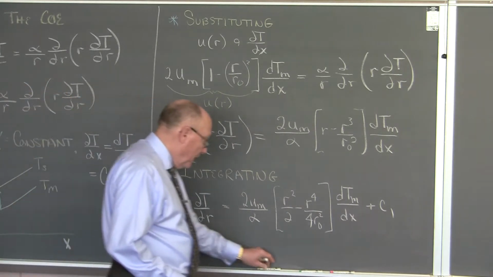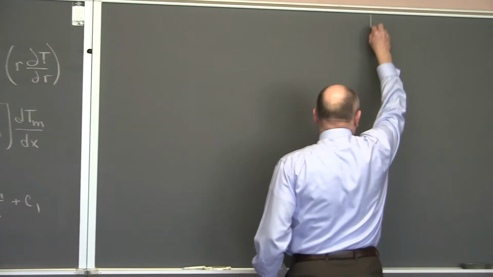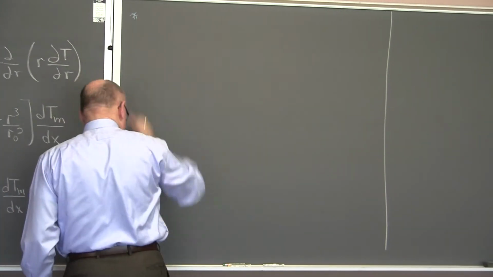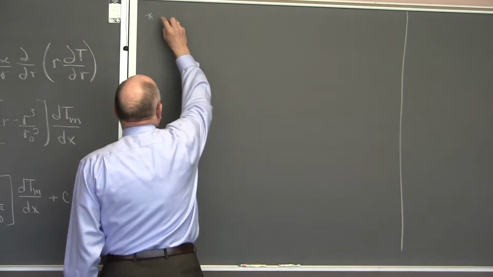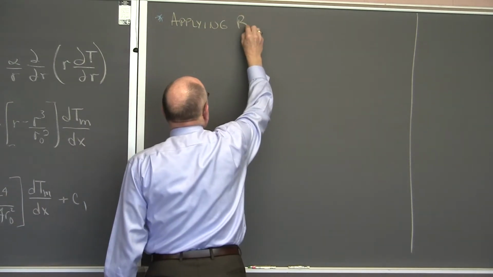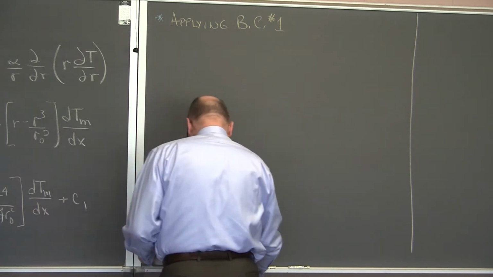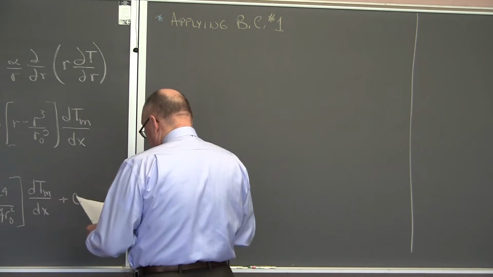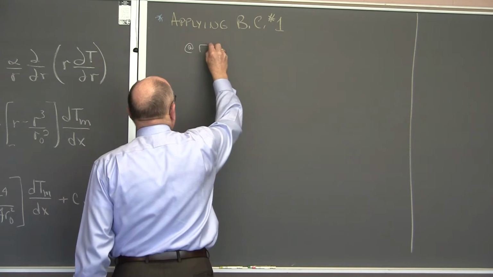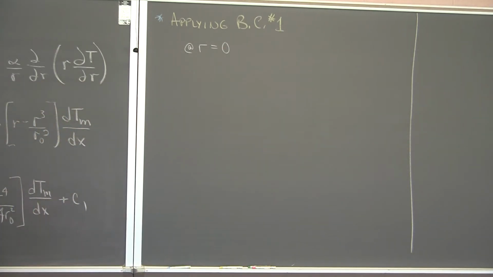All right, now we need to apply a boundary condition. We want to get rid of that. Here's how we'll do that. So we will apply the boundary condition, which we'll call number 1. And that boundary condition is simply this. At r equals 0, which is at the center of the tube.